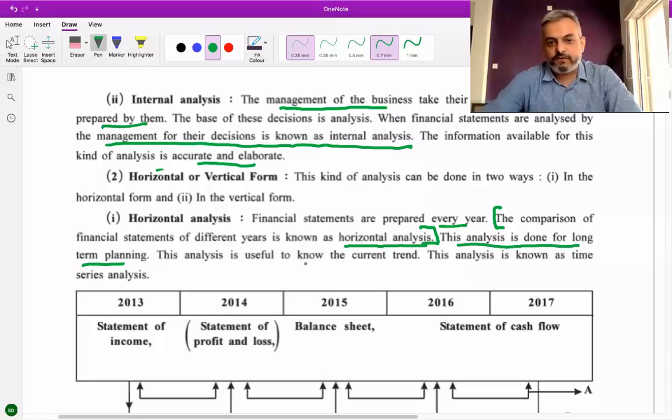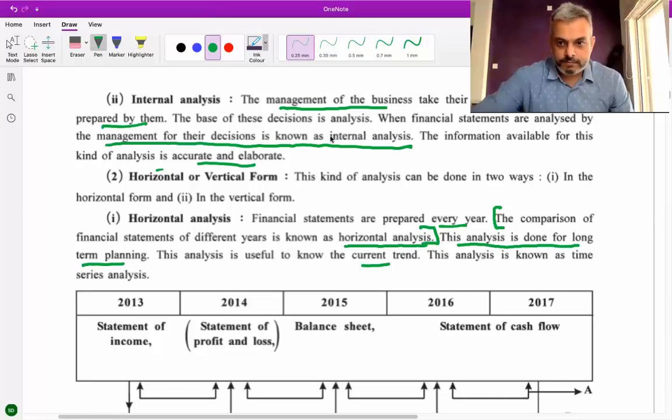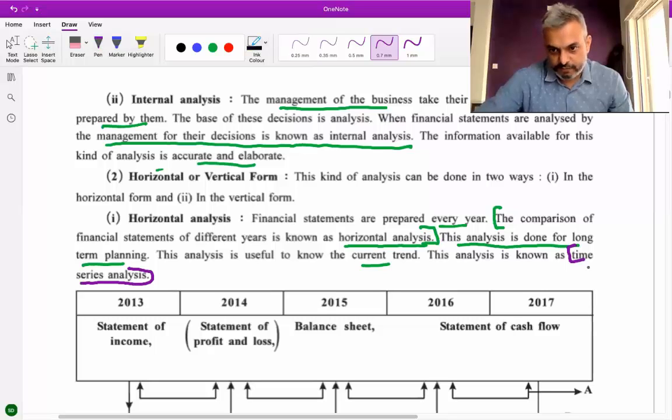This analysis is useful to know the current trend. This analysis is also known as, please mark this, important, time series analysis. Important, it can come as a multiple choice question.